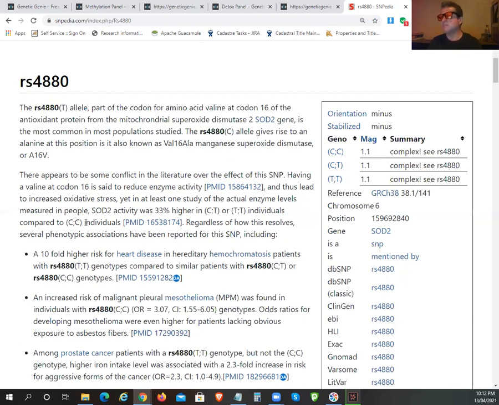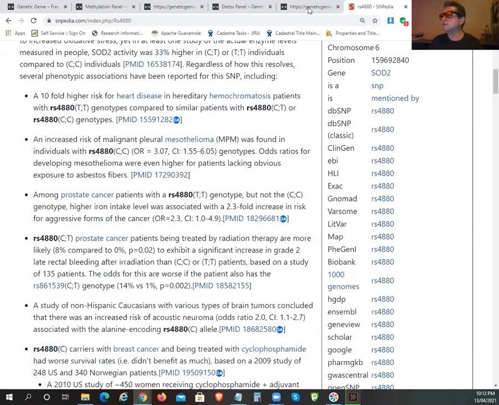So obviously, if you're not on an inflammatory diet, it doesn't really make that much difference in that regard. Regardless of the other, this results in several phenotype associations that have been reported for this SNP.